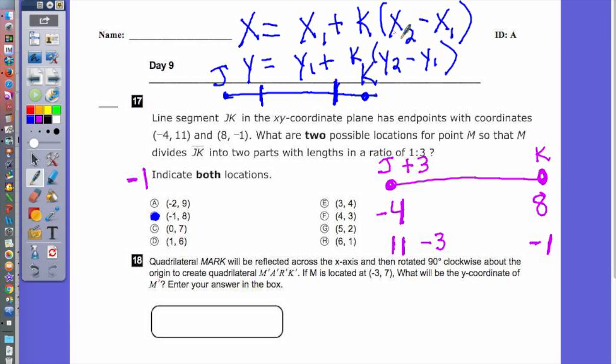Multiplied by 1/4 was 3. And we just took where we were starting from and added 3. Or for the y value over here, if you do the math, you get a negative, because to go from 11 to -1, you're not going forward 12 spaces, you're going backward 12 spaces, and 1/4 of -12 is -3.